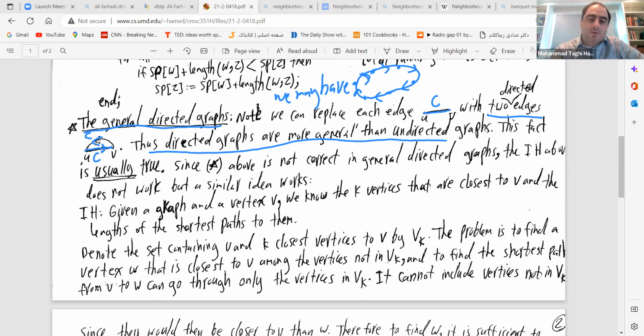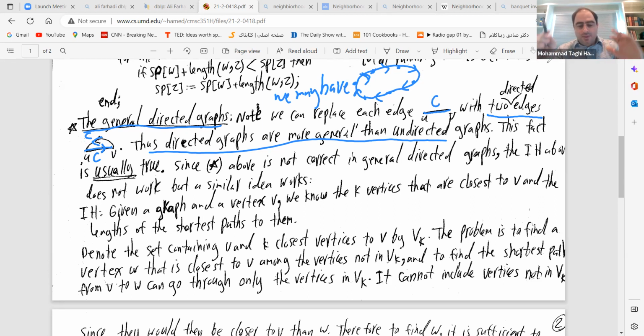So we don't have this good property of DAGs, that there are no back edges and everything is forward edges. We don't have this because if you have a cycle, by definition, you cannot order it such that all the edges are forward. There should be at least one backward edge.